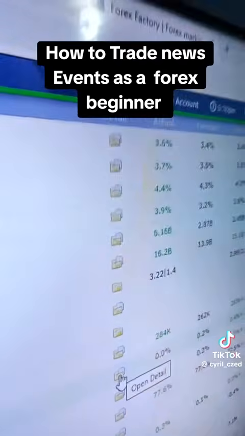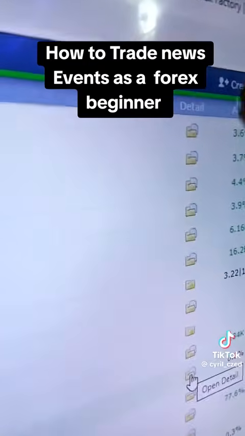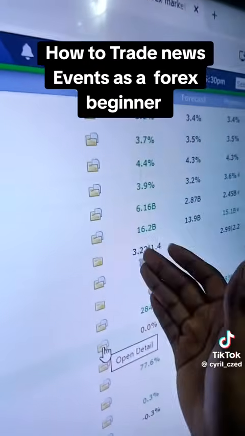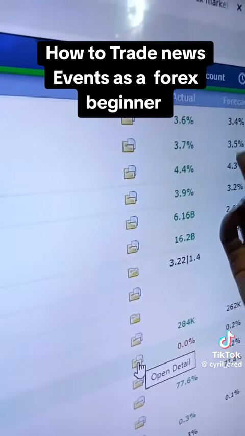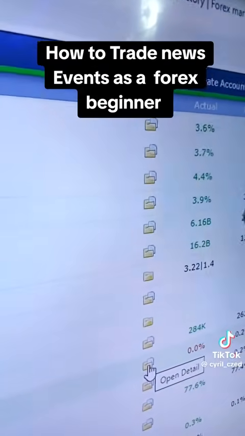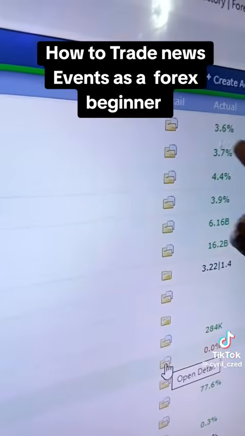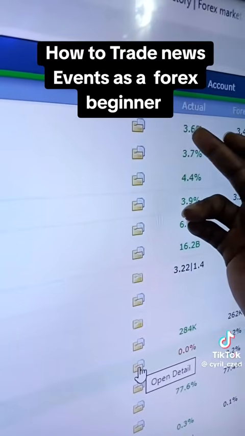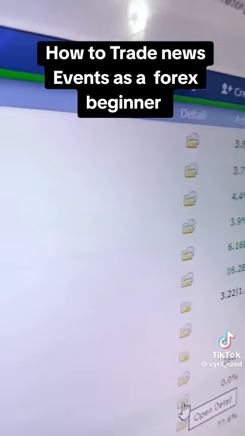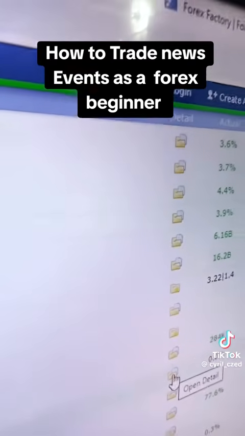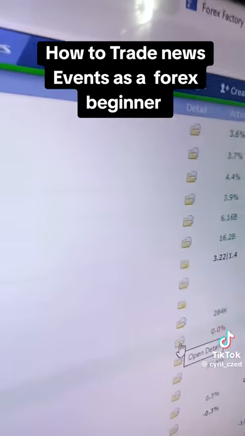The actual is the final result that was released. Now the actual finally got released. If this actual does not match up with the forecast, that means it will be negative for the market, because traders anticipate the forecast most of the time.